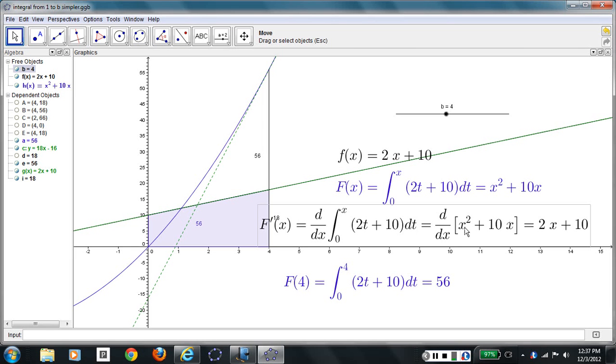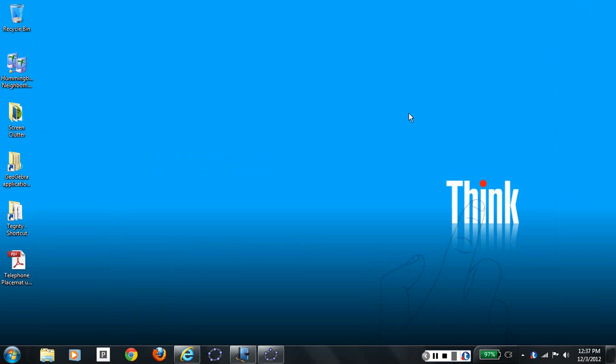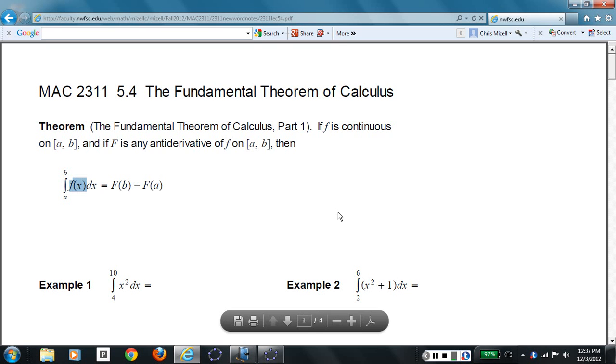That gave me x squared plus 10x, and then I took the derivative of that to get 2x plus 10. I don't think I want to push this picture much farther, except when we talk about big F of x equals the integral from 0 to x, it's the function that tells us the area of the shaded region in this case. All right, back to the notes.